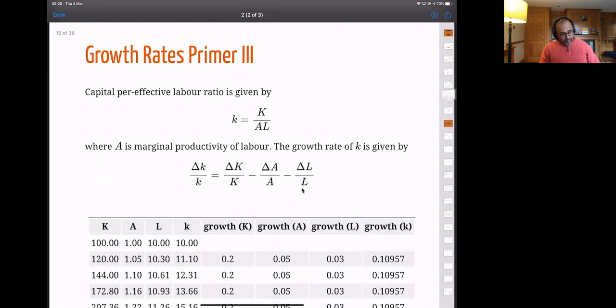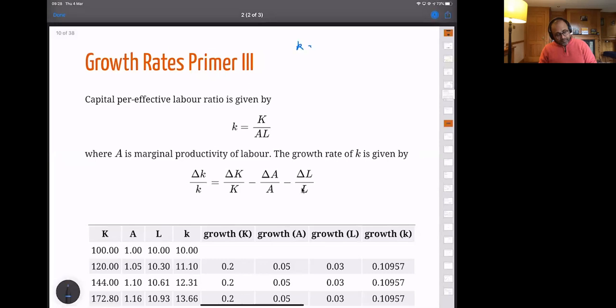So the main idea, the thing that we're driving towards, is this: if K is KA plus L, and this is the only formula that you need to know about the growth rate, then the growth rate of K is del K by K, its starting value.